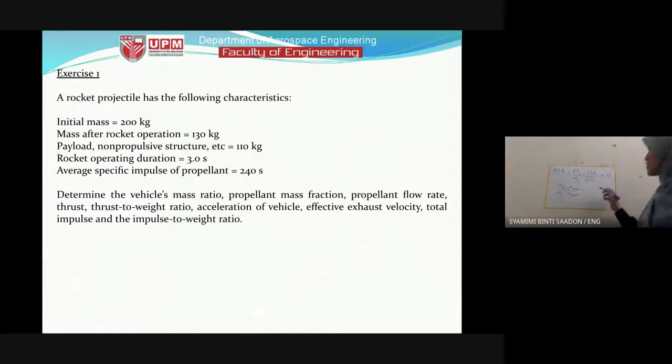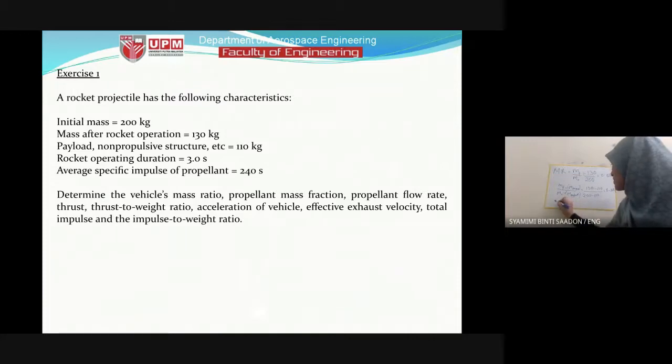Sorry, this calculation is not finished. 130 minus 110, and also below, 200 minus 110. So we have 0.22. Minus the payload here. Next, the propellant mass fraction.